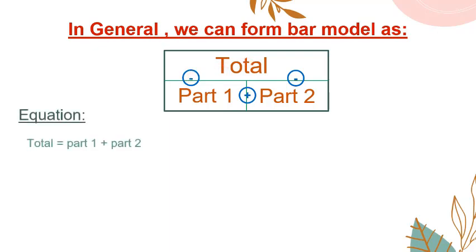To write an equation, I'm going to write that the total equals part 1 plus part 2. Or part 1 equals total minus part 2. Or part 2 equals total minus part 1.